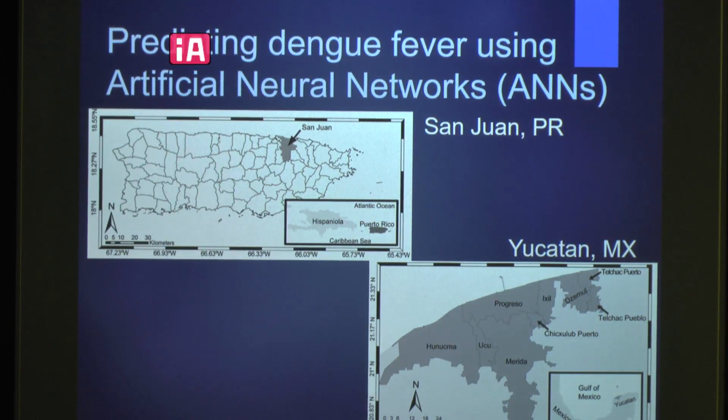And they provided this to us where we adapted the model to be able to predict dengue fever outbreaks in the municipality of San Juan, Puerto Rico, shown here, and then the northwest of the Yucatan Peninsula, which takes us back to the 8 municipalities that I used in my first objective.